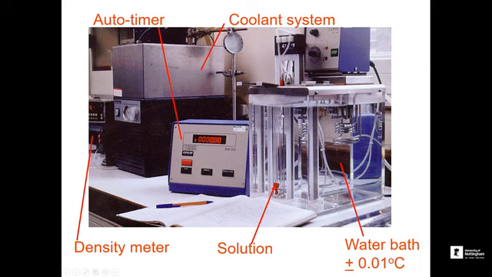So the timing is triggered here and stopped when it gets to here. So again, this is a red solution, so it must be hemoglobin or something like that. And also there's a density meter nearby. That's interesting. And you'll see why in a second.